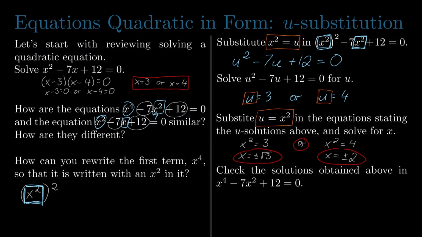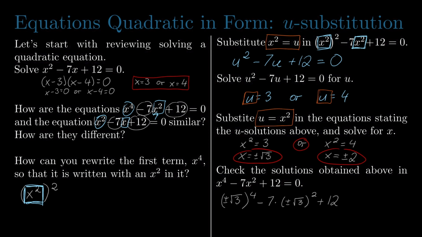Therefore, plugging in positive or negative square root of 3 or plugging in positive or negative 2 will result in the same thing. So it's enough to do 2 checks in here. So starting with positive or negative square root of 3, we're going to have positive or negative square root of 3 raised to the power of 4 minus 7 times, again, positive or negative square root of 3 raised to the power of 2 plus 12.